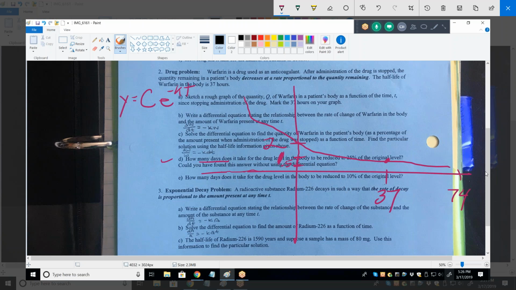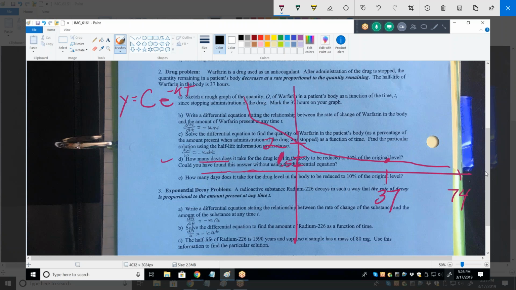There are radioactive things that decay in a matter of seconds, so you might make t in seconds. Bacteria grows so fast that you tend to let t be in hours. Some radioactive materials decay so slow that you let t be in years. Doesn't matter. Whatever it's in, then that's what it's in.